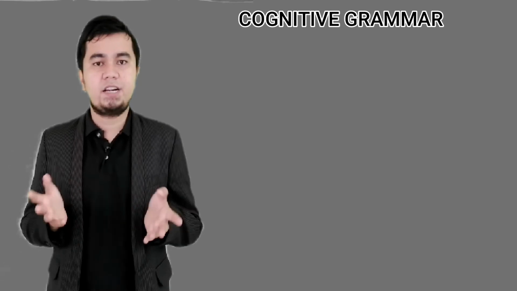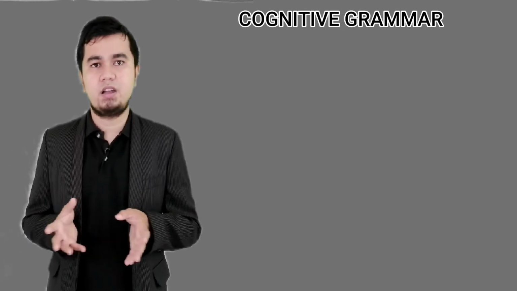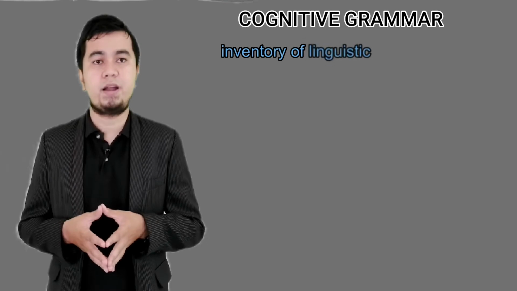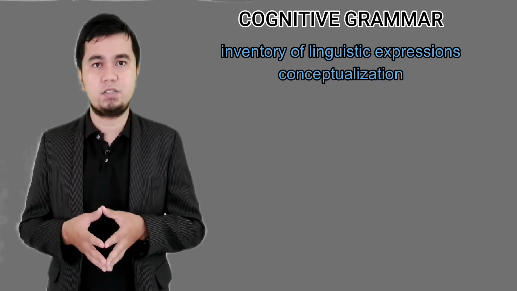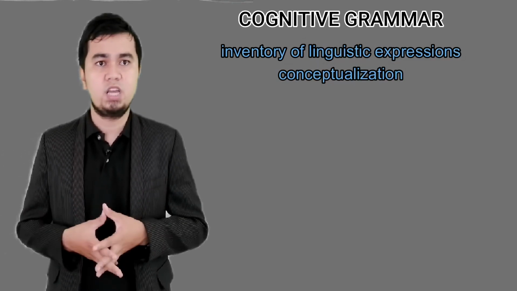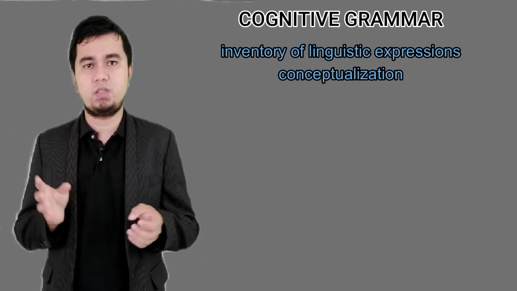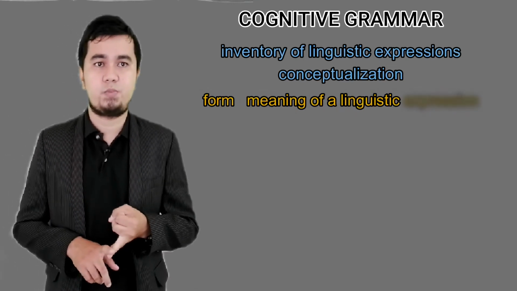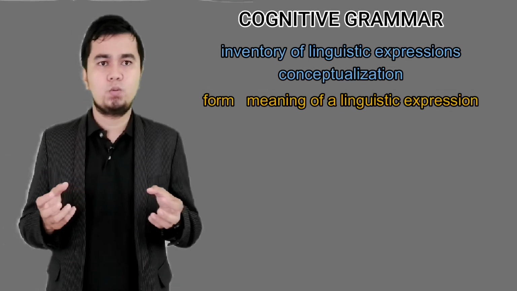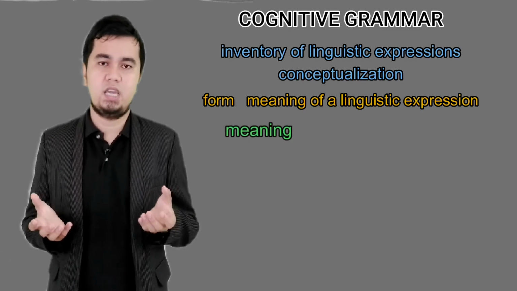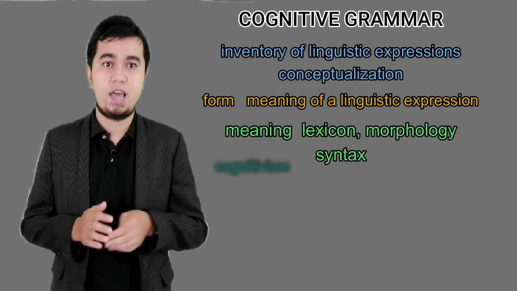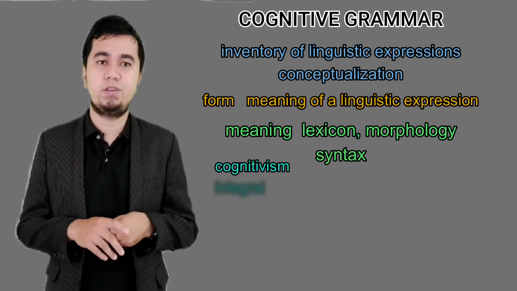Now, we have also the cognitive grammar, another model which regards grammar as an inventory of linguistic expressions, where the structure is the result of conceptualization. So the highlight here is between the form and the meaning of linguistic expressions. Cognitive grammar is founded on the intellectual basis of cognitivism. I know some of you are very familiar with cognitivism.